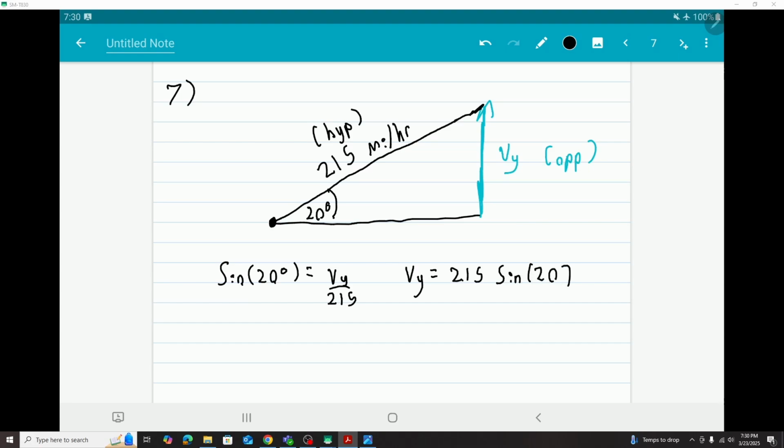And one more time, I pop that into a calculator, and I get roughly 73.53 miles per hour.